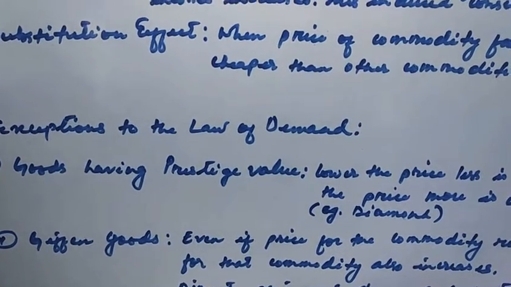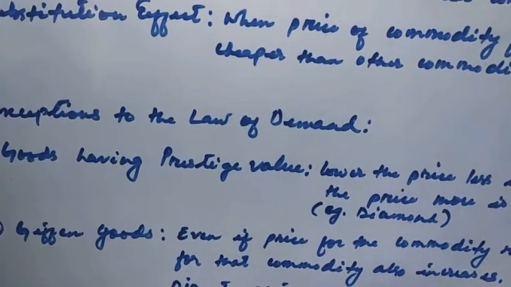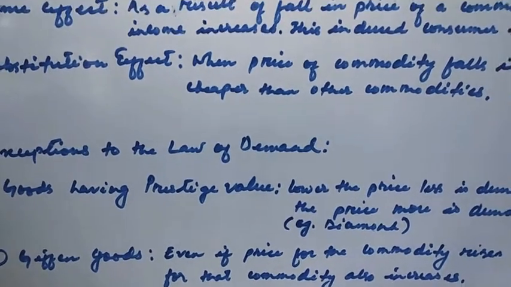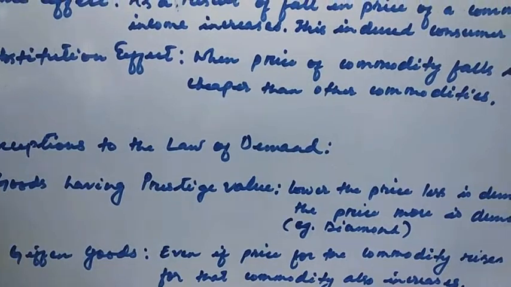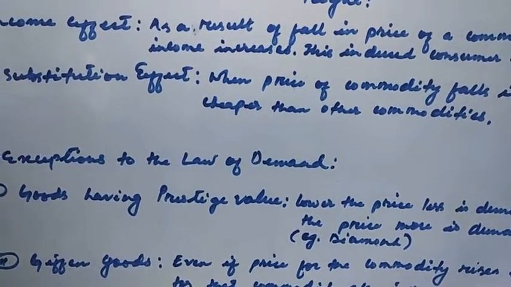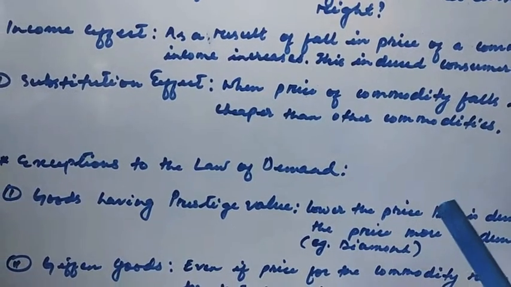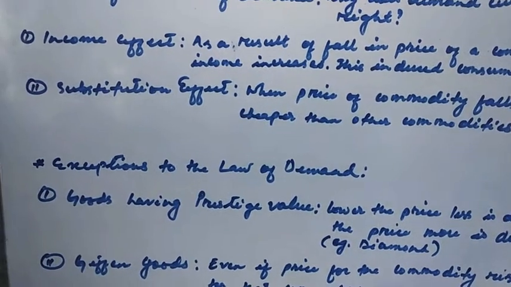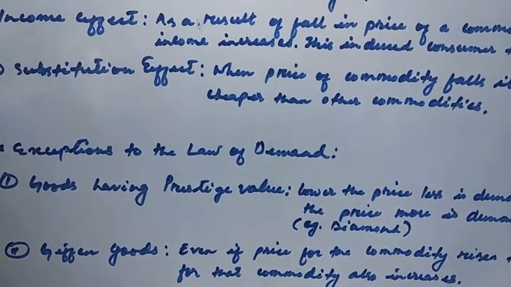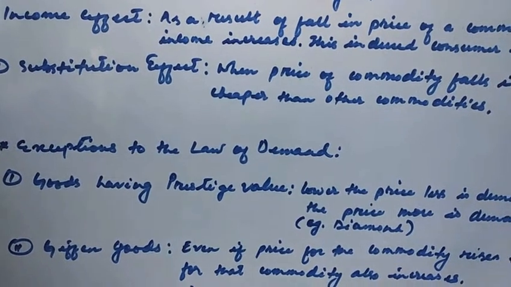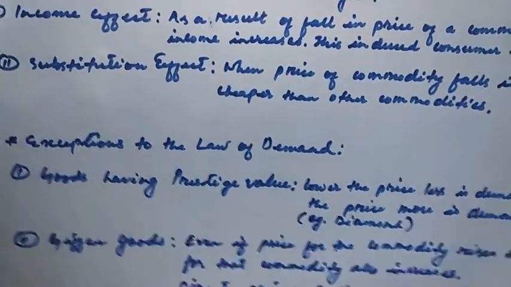Therefore, when the price of a commodity falls, the number of its consumers increases, and this also tends to raise the market demand for that commodity. That is why we also have the downward sloping demand curve towards the right for a market demand curve.